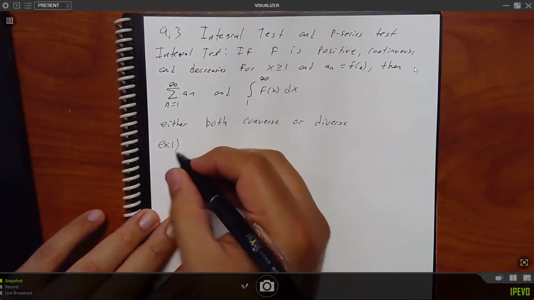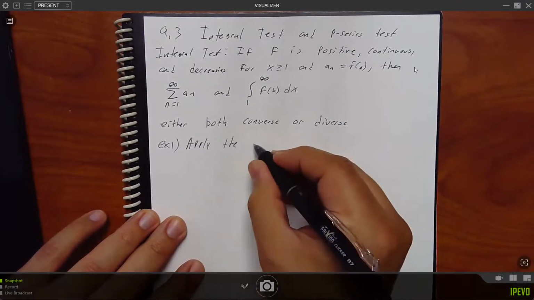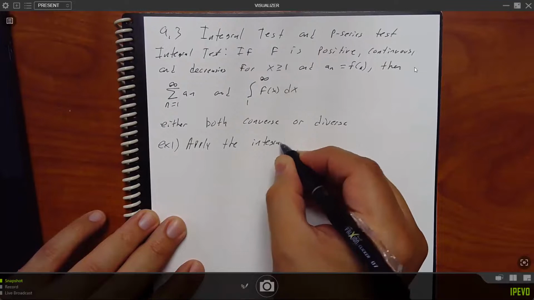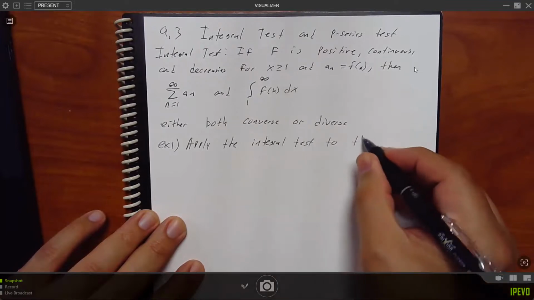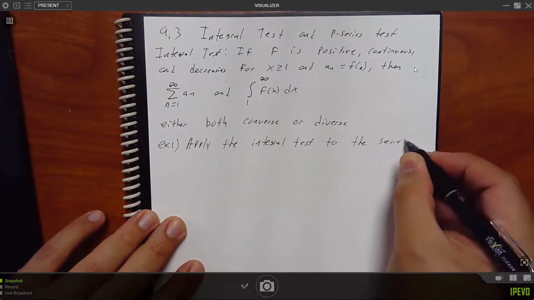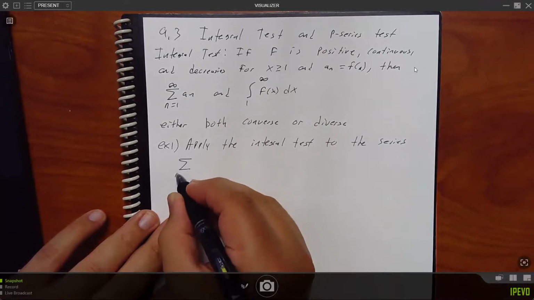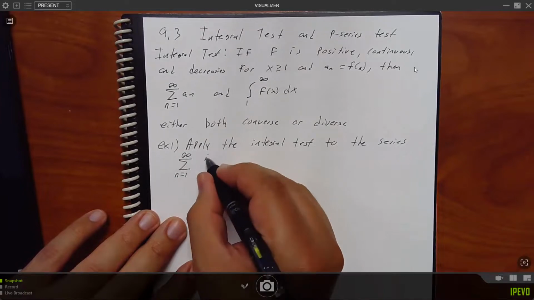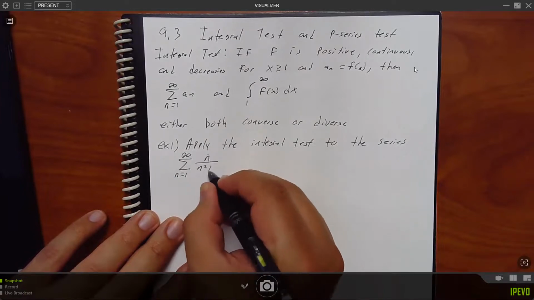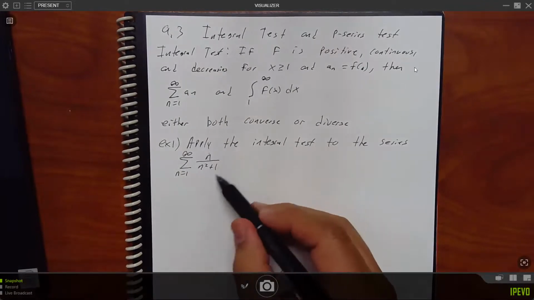Example 1. Apply the integral test to the series. All right, so you can see this is going to be decreasing, right?